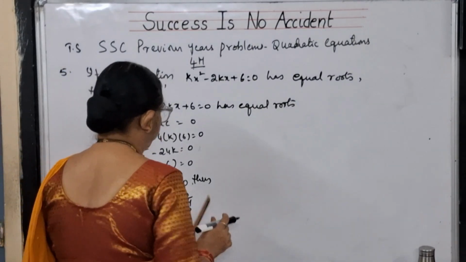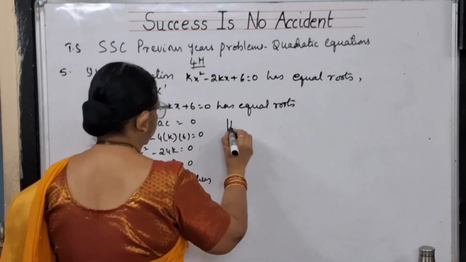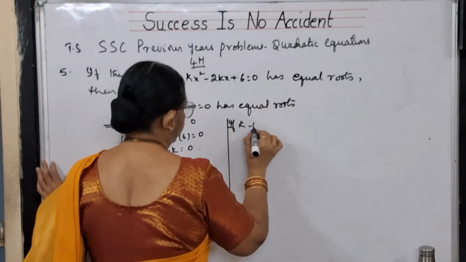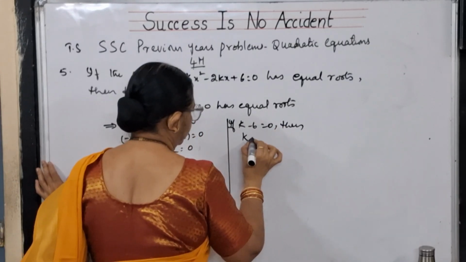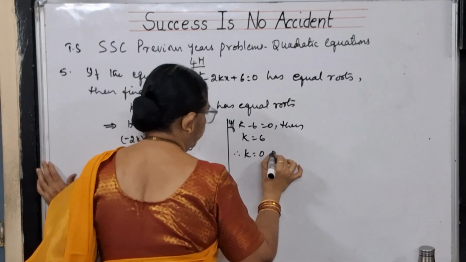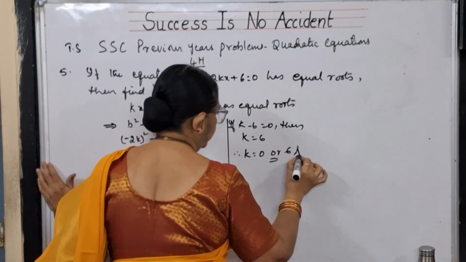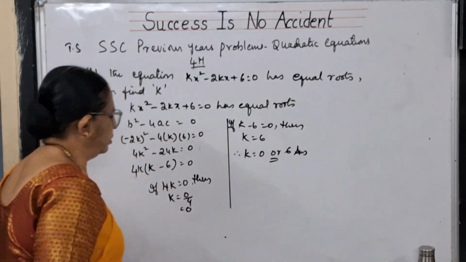Now, if k minus 6 is equal to 0, then k is equal to 6. Therefore, k is equal to 0 or 6 is the answer for this problem. Please copy it.